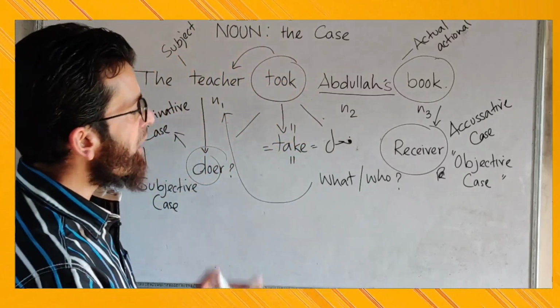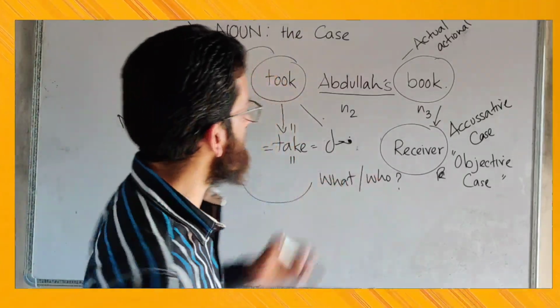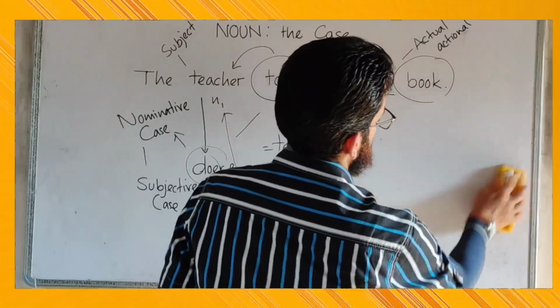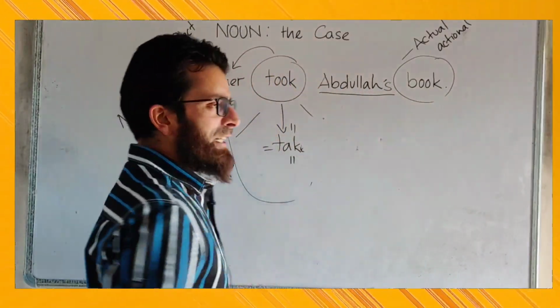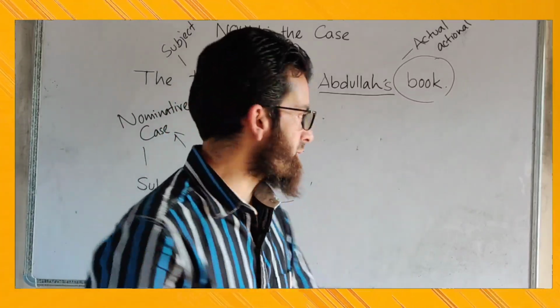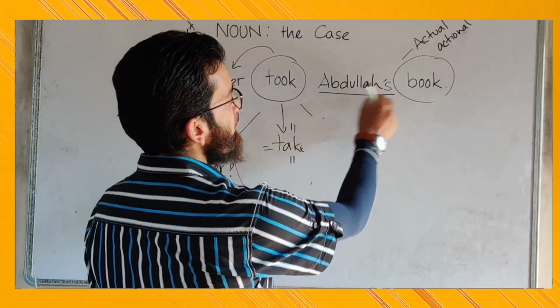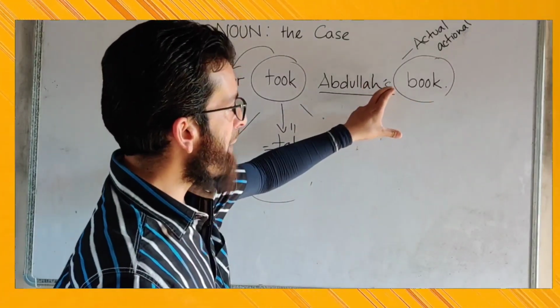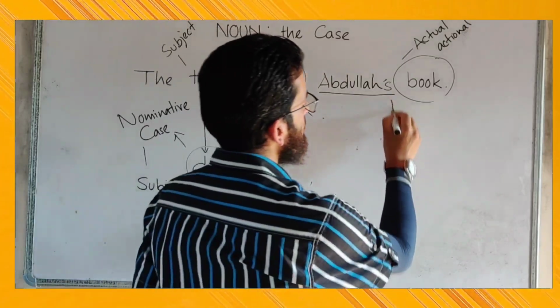Okay, now let's understand what is this Abdullah. So my dear students in particular and dear viewers in general, जहाँ तक Abdullah's book है, तो this apostrophe s, it shows possession.